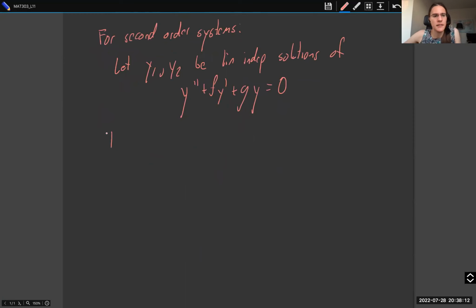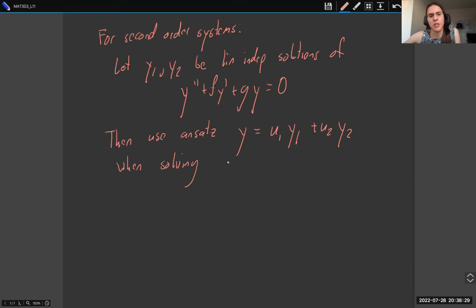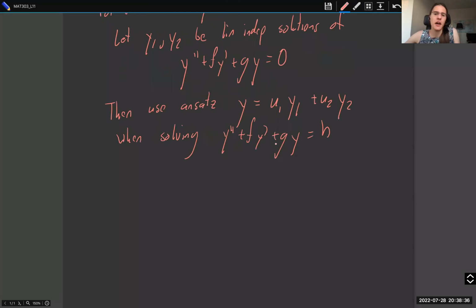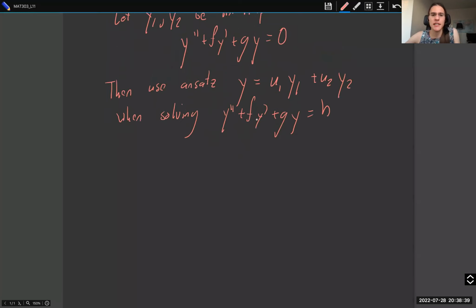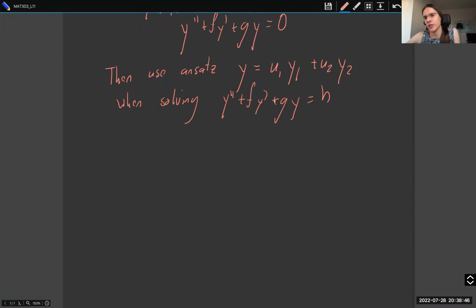Then use the ansatz that y is equal to u1 y1 plus u2 y2 when solving the inhomogeneous equation y'' plus f y' plus g y is equal to h. And what happens when you do this is that you have basically 2 degrees of freedom and one equation constraining them, so you can add another equation constraining them.